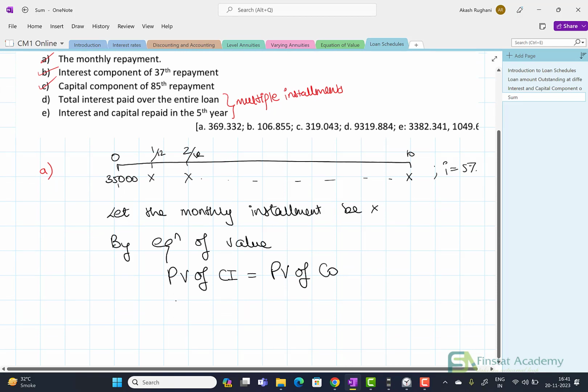So inflow for us is the loan amount, so 35,000. Outflow for us is this X, which is paid monthly for 10 years. Since it is monthly, I will make it 12x, 12x a10 payable monthly. If you are working in monthly scenarios, this will be X a120 at the rate i(p) by p. Whatever you are comfortable with.